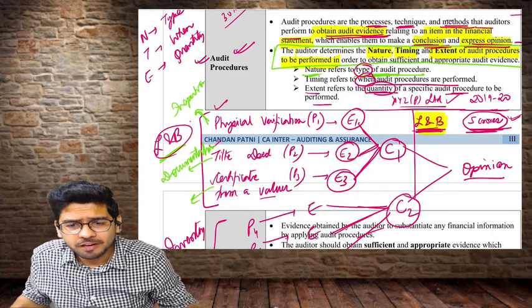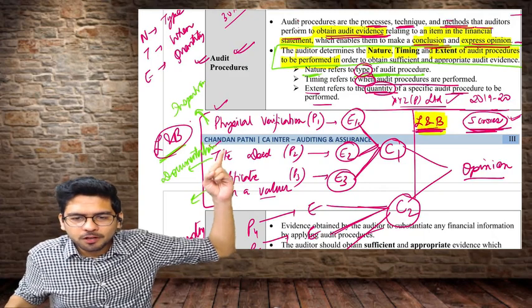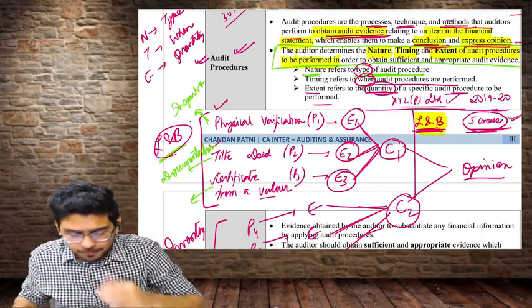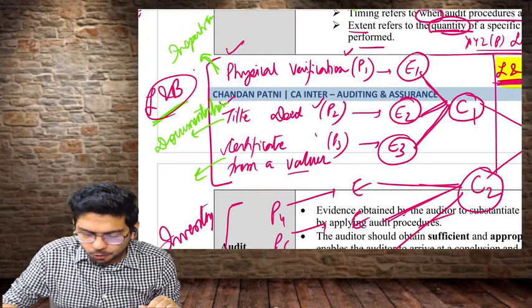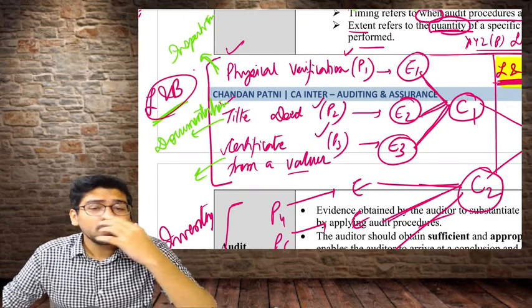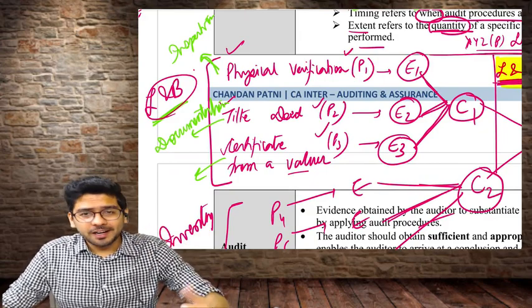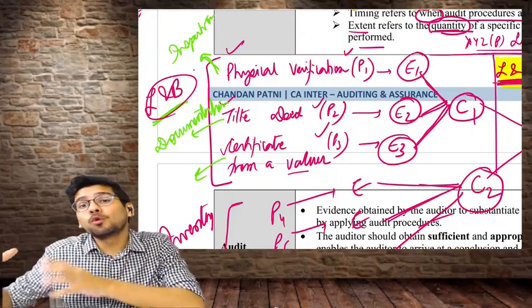How many procedures? P1, P2 and P3. There are 3 procedures. So it is upon the auditor to decide whether he is satisfied with 2 procedures, or he wants 3 procedures, or he wants more procedures.